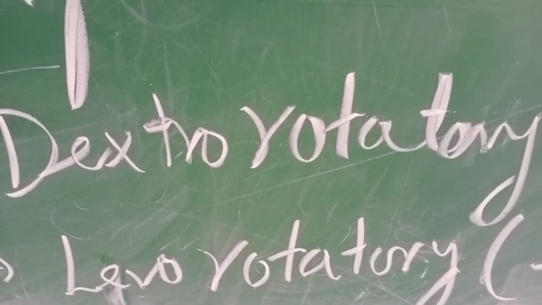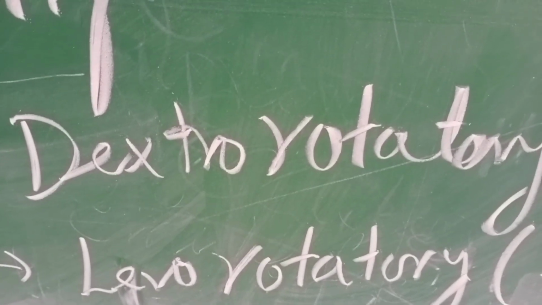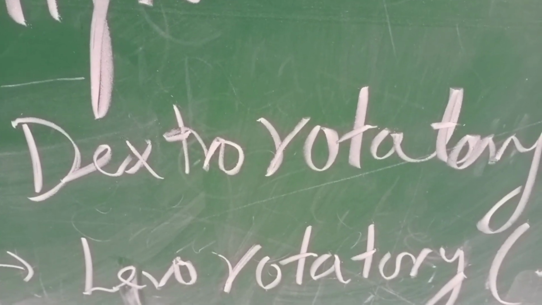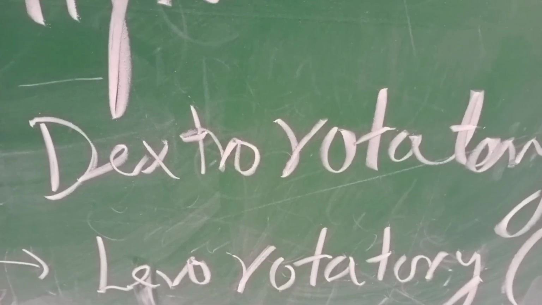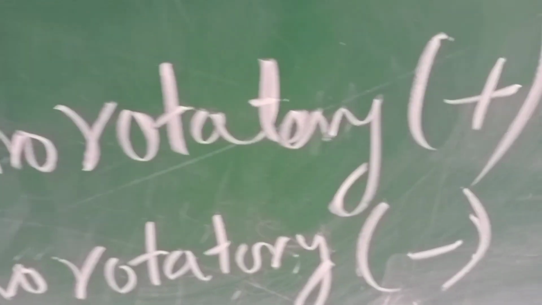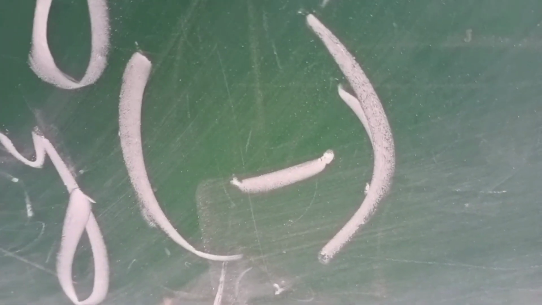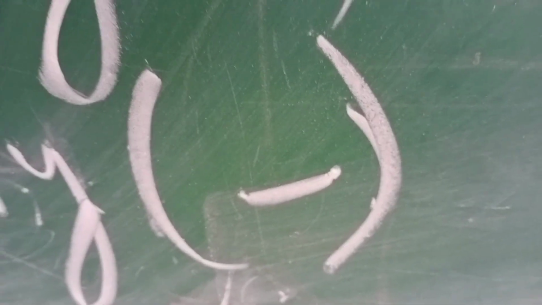A levorotatory molecule is designated by the symbol negative.